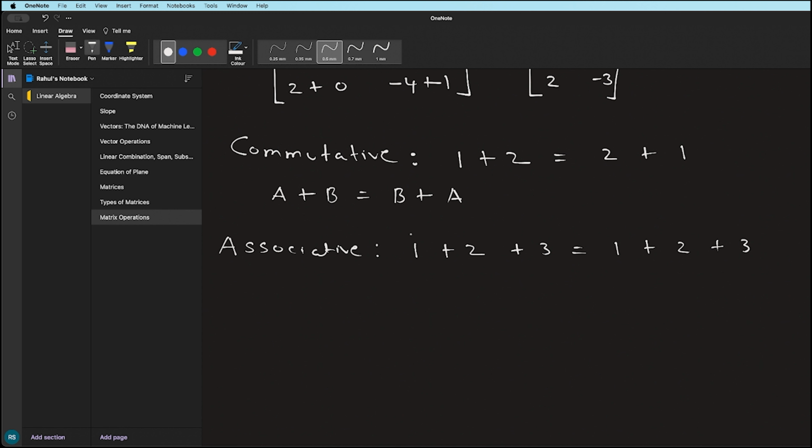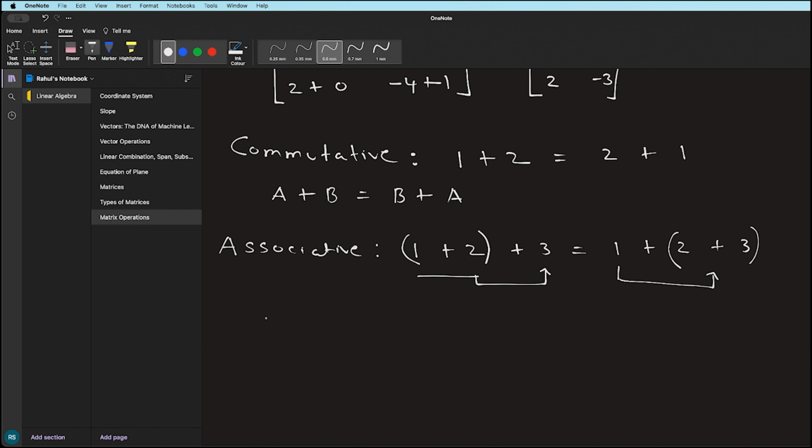If I first add 1 plus 2 and then add the result with 3, it is equal to adding 1 to the sum of 2 plus 3.